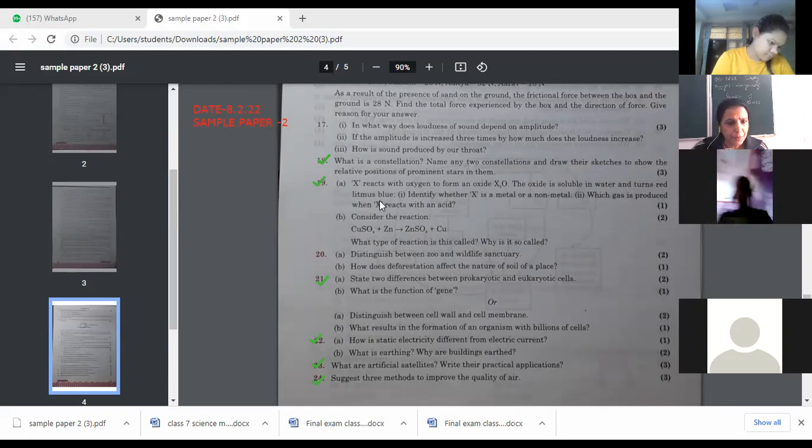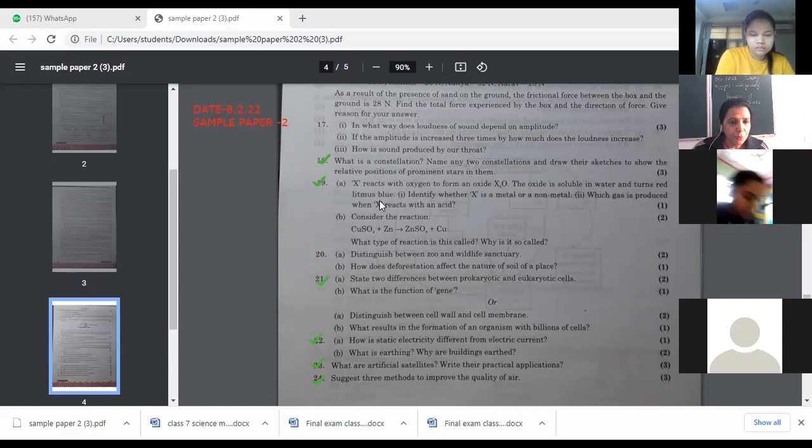You have read in class 7, and I had told you this also, bases turn red litmus into blue. Is it okay? And you know the oxides of metals are basic or oxides of non-metals are basic in nature.